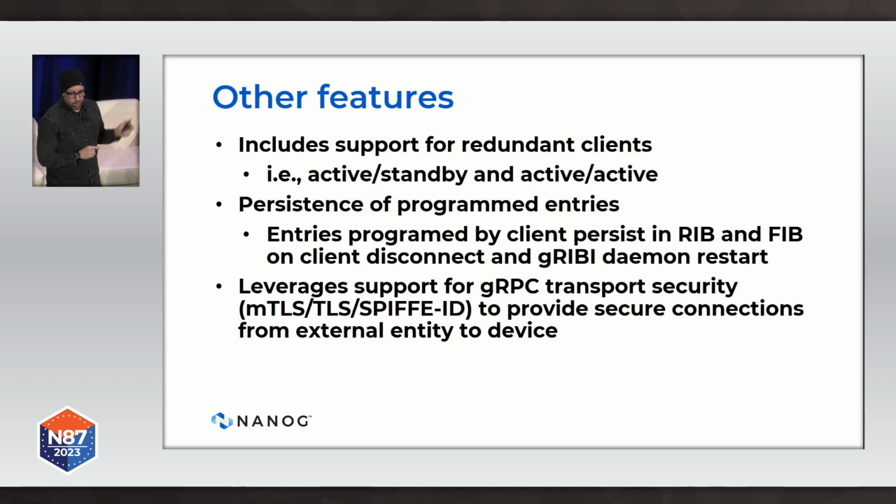If I have a process crash, we can have some notion of recovery. And the other thing that we get here is some notion of transport security. So instead of using unvalidated BGP connections in order to inject something into this, I can use mTLS and SPIFFE, so that some clients are allowed to actually write entries into the RIB. Some are only able to understand what has been programmed into the RIB from the perspective of the controller.